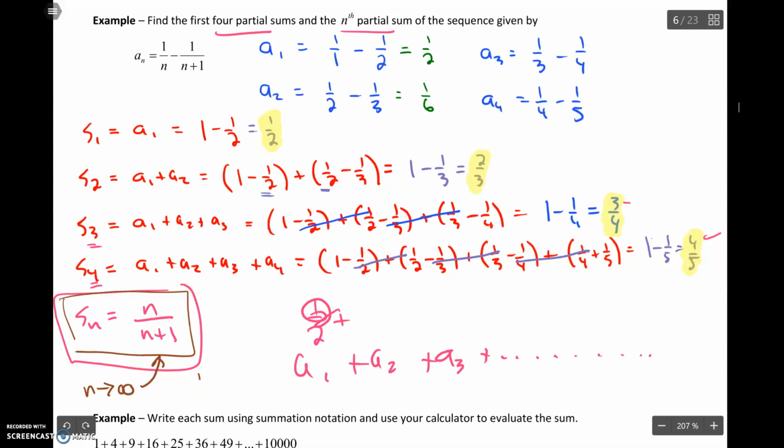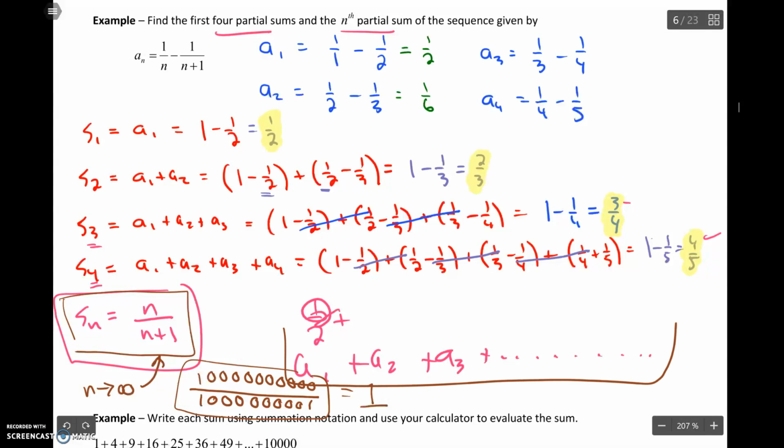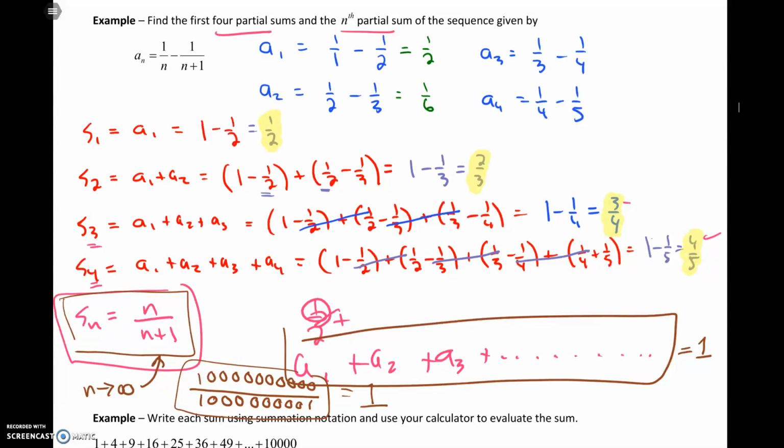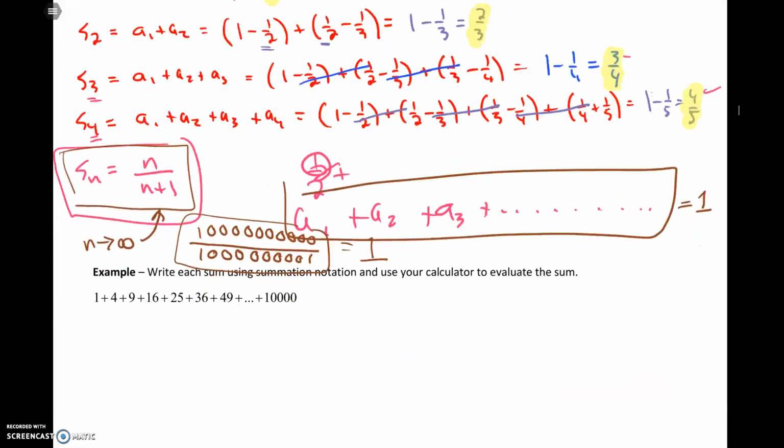Well, what kind of number do you get if you have a trillion, like a quadrillion, some huge number over another huge number that's just one bigger? Well, this number is getting close to 1. So what that tells us is this infinite sum is approaching 1. Or if you can imagine adding all infinite numbers, it would be equal to 1. Okay? Again, we're getting a little ahead of ourselves, but whatever. That's why we're doing these partial sums anyway.